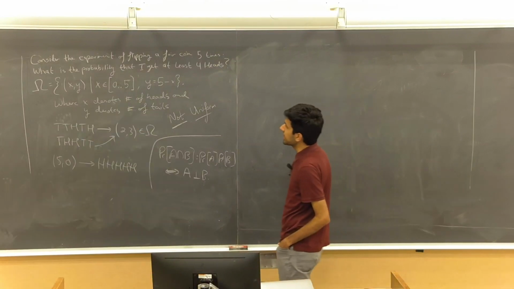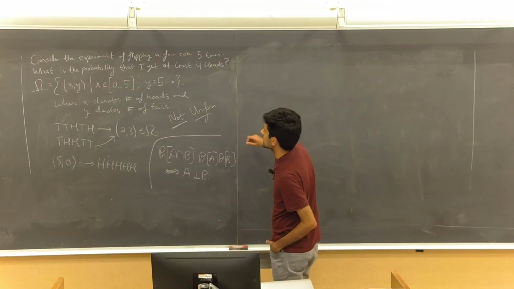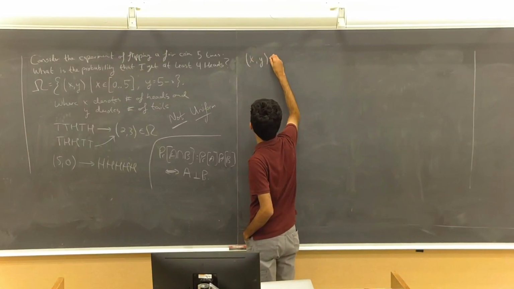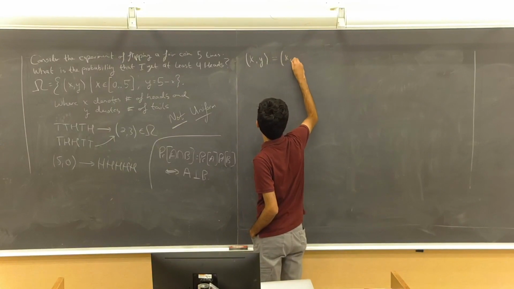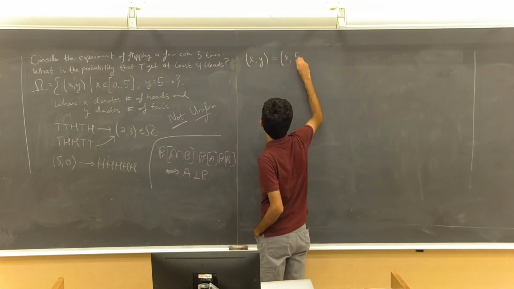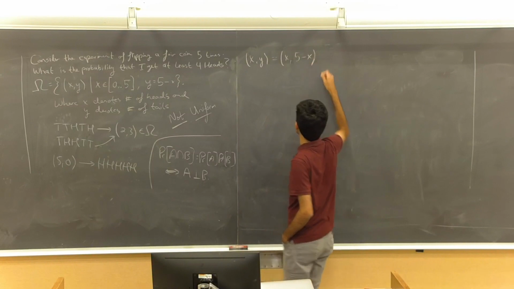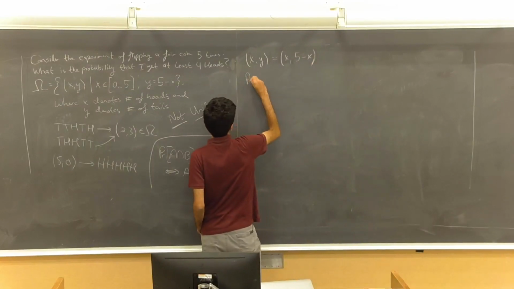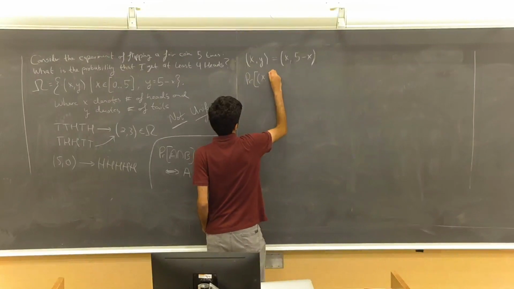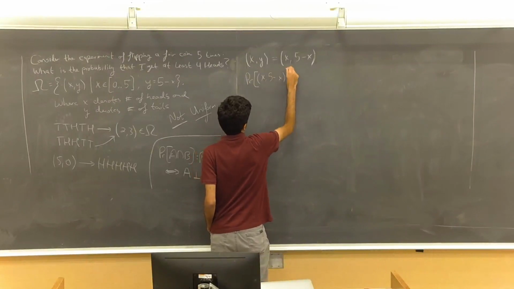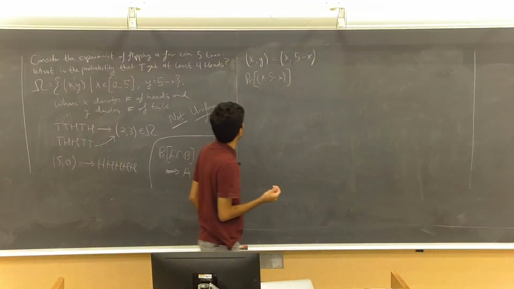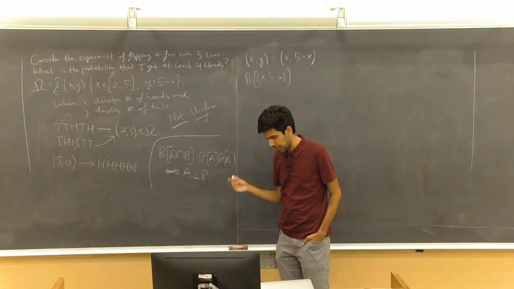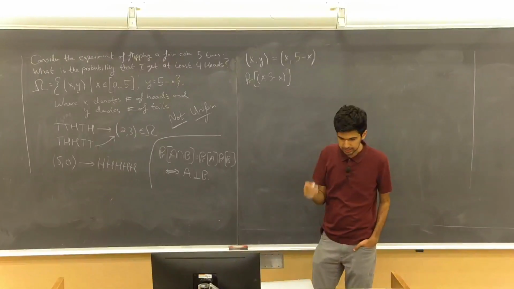So let's take a look at an arbitrary x, y, which I will actually write as x, 5 minus x, because that is how it's defined. So what is actually the probability of x, 5 minus x? This chalk is so small now. Well, this means I need to see x heads, and I need to see 5 minus x tails.